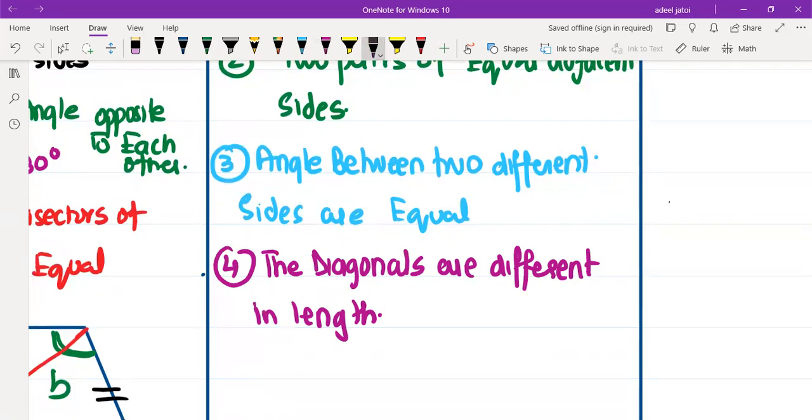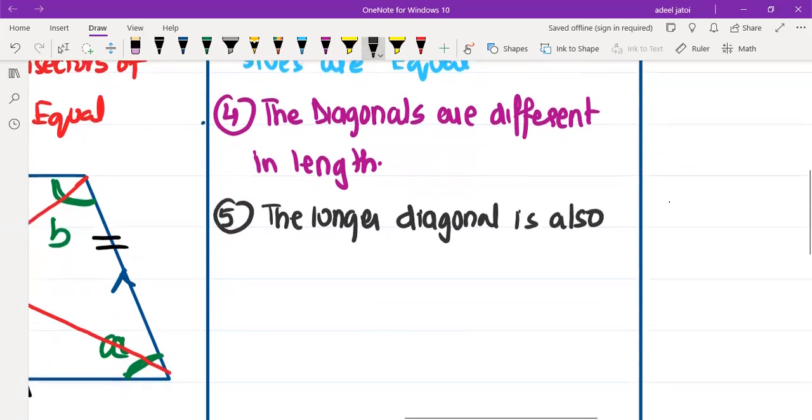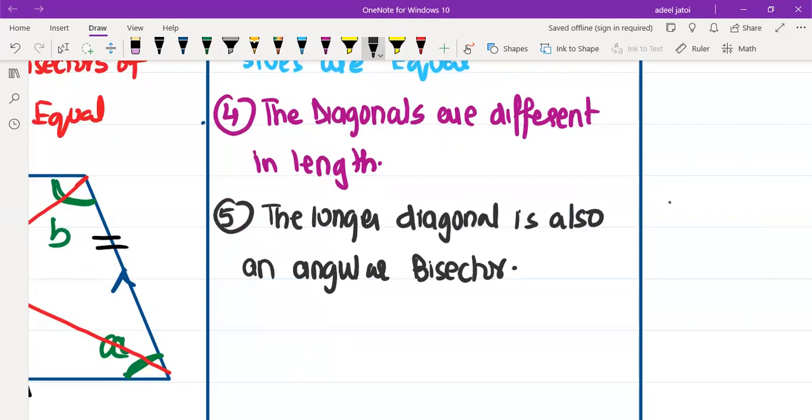Then the longer diagonal is also an angular bisector. I mean, it bisects.